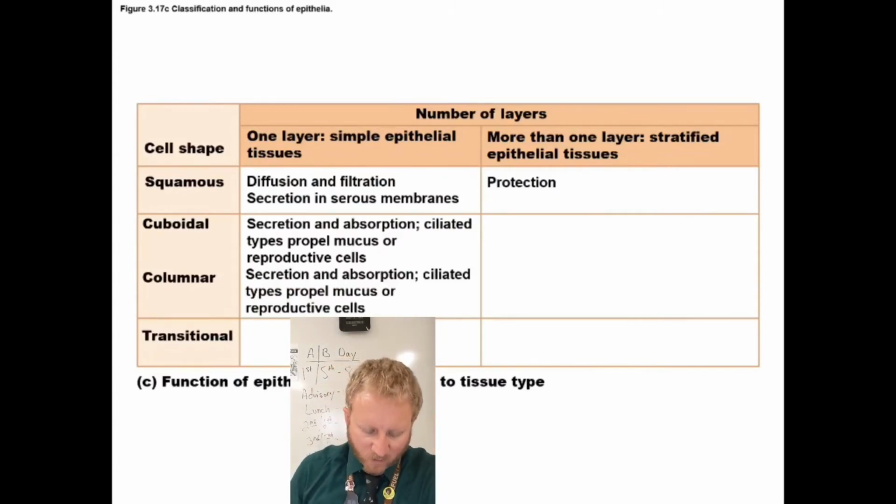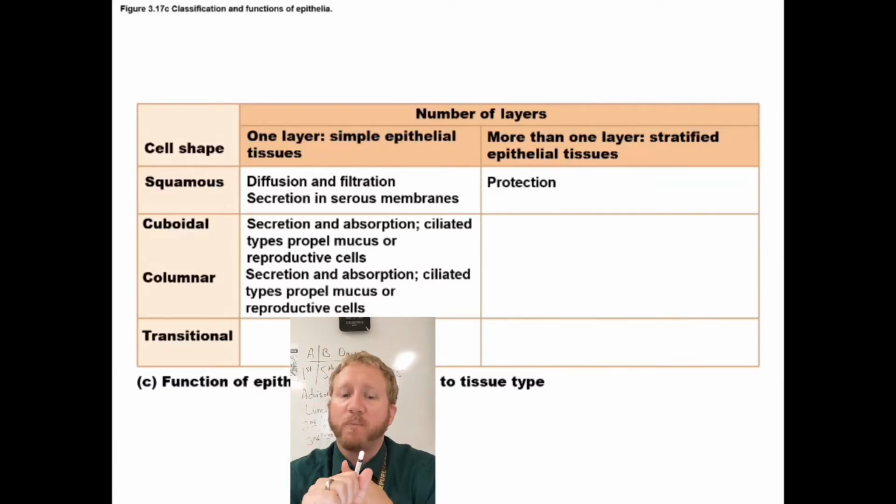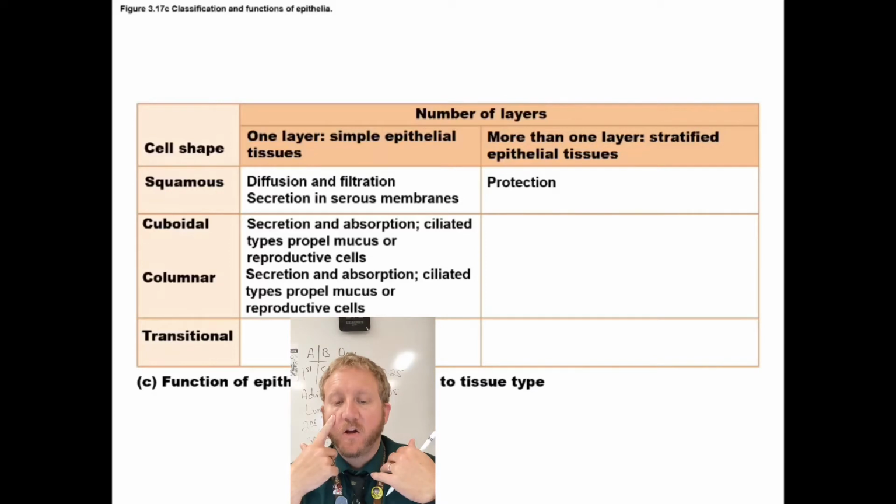With simple cuboidal or columnar, those are very similar. You'll find those in places where secretion or absorption need to take place, so like glandular tissue or in the small intestines during digestion. They also will propel mucus or reproductive cells, so moving those through different tracts and things like that.